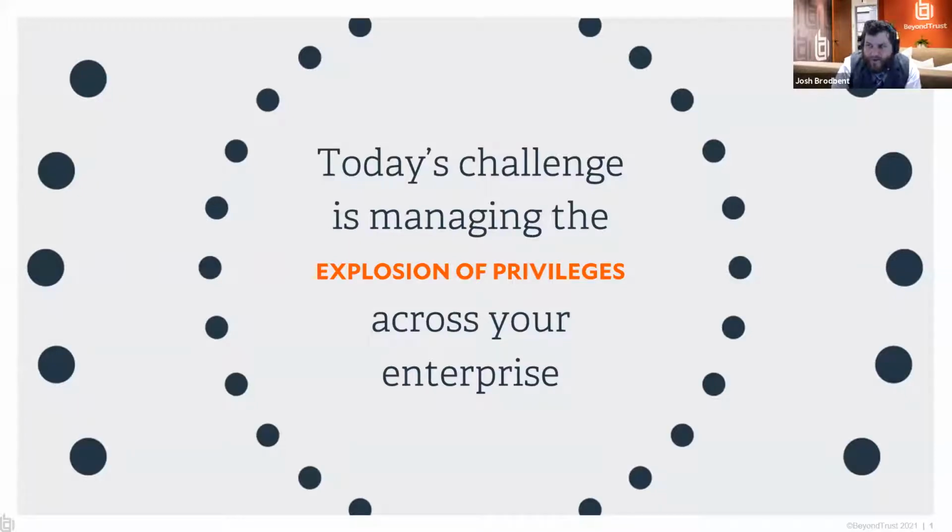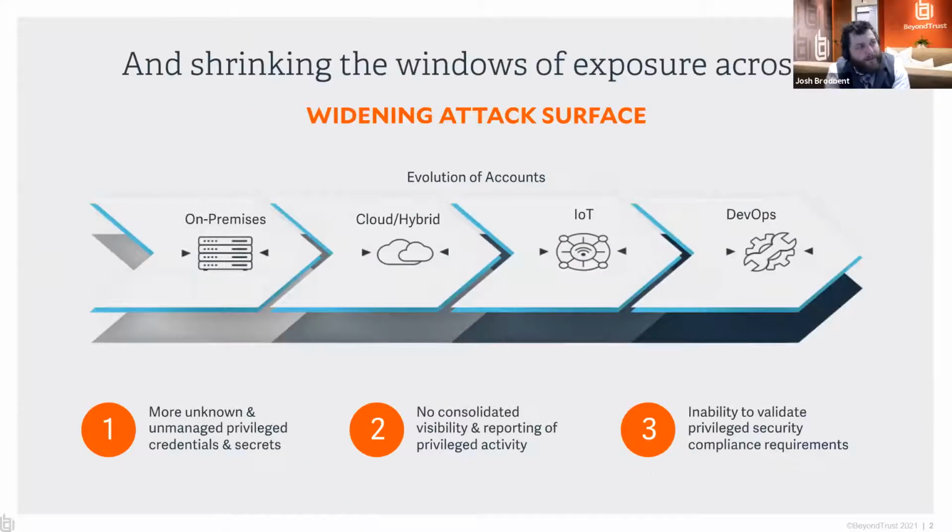And it's a challenge for us because that attack surface continues to widen. So we need to be able to shrink those windows of exposure across that widening attack surface. Whether we have on-premises accounts, cloud hybrid accounts, IoT, or now even DevOps accounts that have secrets that need to be managed, and even the concept of secret sprawl inside those DevOps environments where there are multiple secrets and they're not being managed, they're not being rotated.